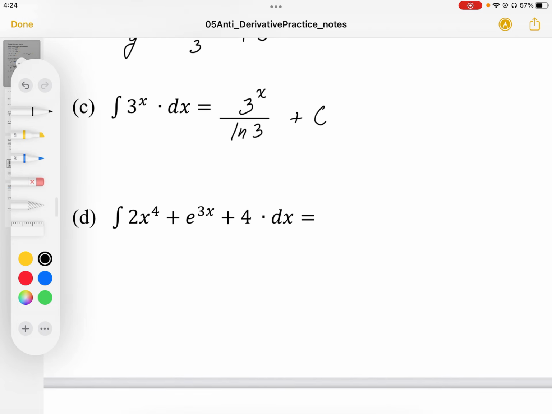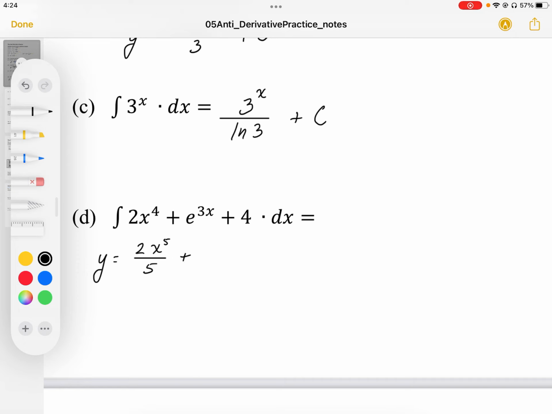In D, what we're going to do is just anti-differentiate term by term. We have y is equal to, we're going to increase the power by 1, so we end up with 2x to the power 5. We divide by that new power, so we divide by 5.